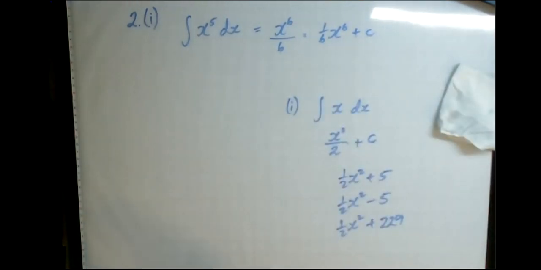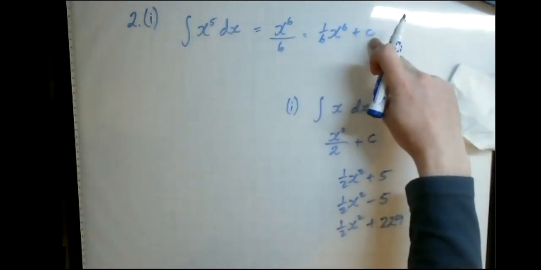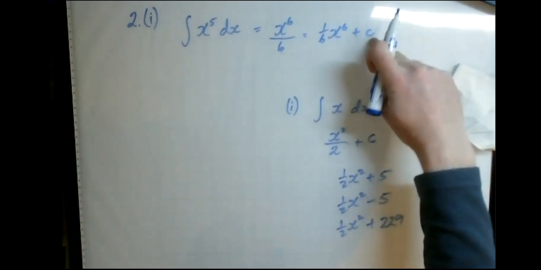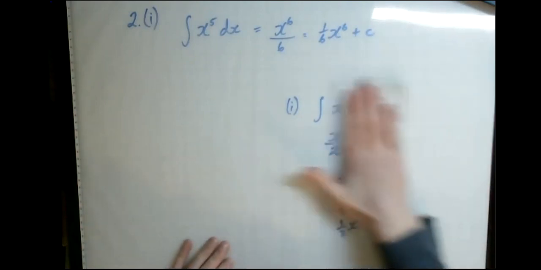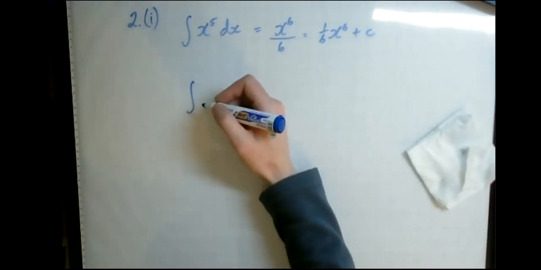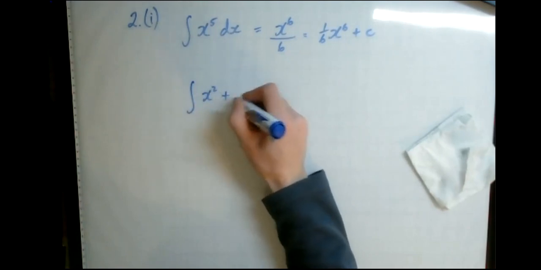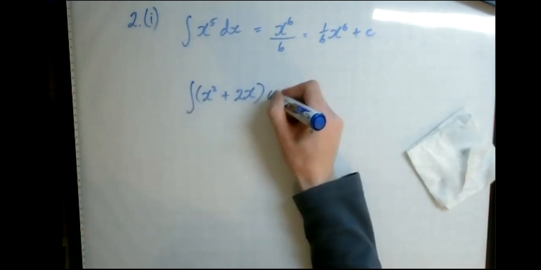Okay. So when you see any three antiderivatives, you can just write them like this. Now make it three and the next one: the antiderivative of x squared plus 2x dx.